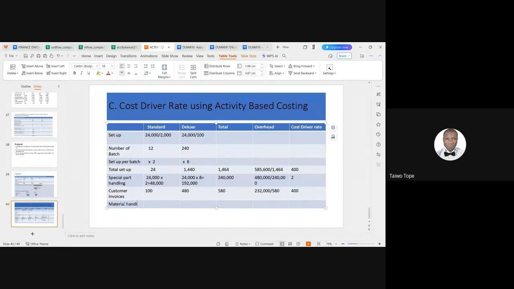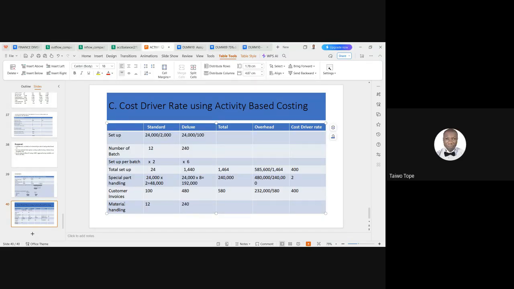Material handling. Now, since the cost driver is number of batches, what will happen for standard? 12, good. For deluxe, it will be what? 240.